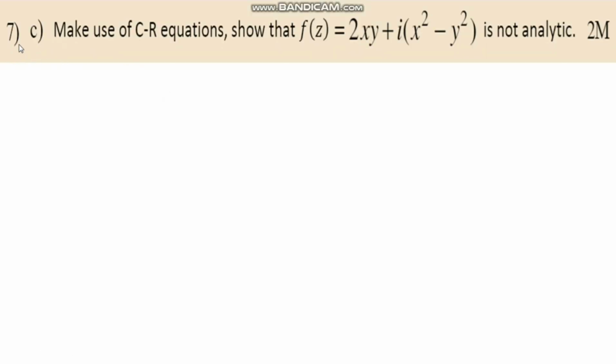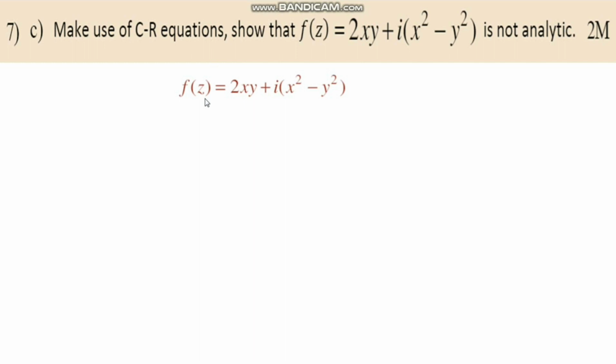Now we are going to discuss the 7th question C bit. Make use of Cauchy-Riemann equations to show that f of z equals 2xy plus i times (x square minus y square) is not analytic. We have to show that this function is not analytic using Cauchy-Riemann conditions. Basically, we need to know the Cauchy-Riemann conditions in Cartesian coordinates.